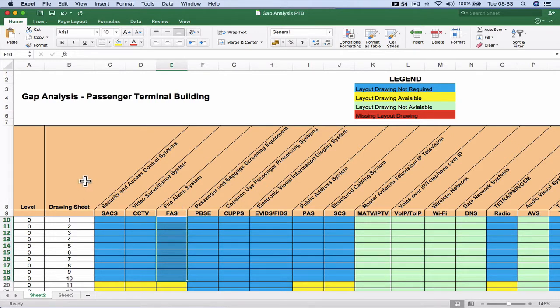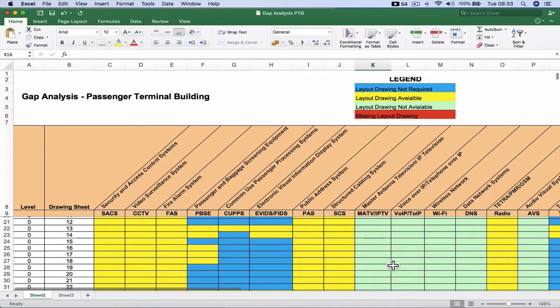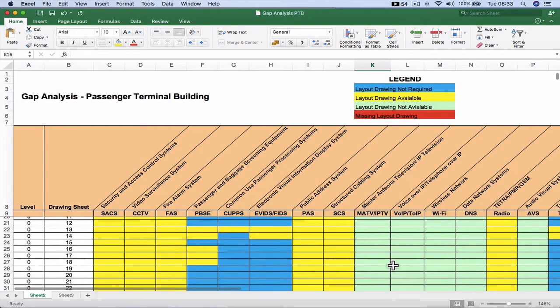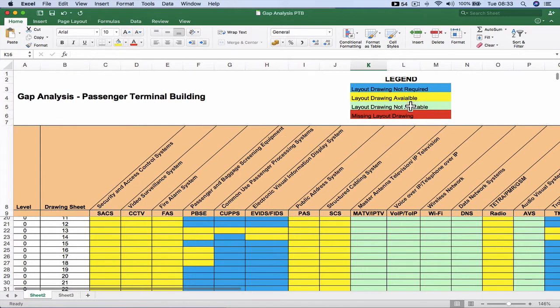Okay, again, I've hidden some of the problems, but those were definitely problems. And you can see on this sheet 13, there's something about the FIDS. So we have a drawing.